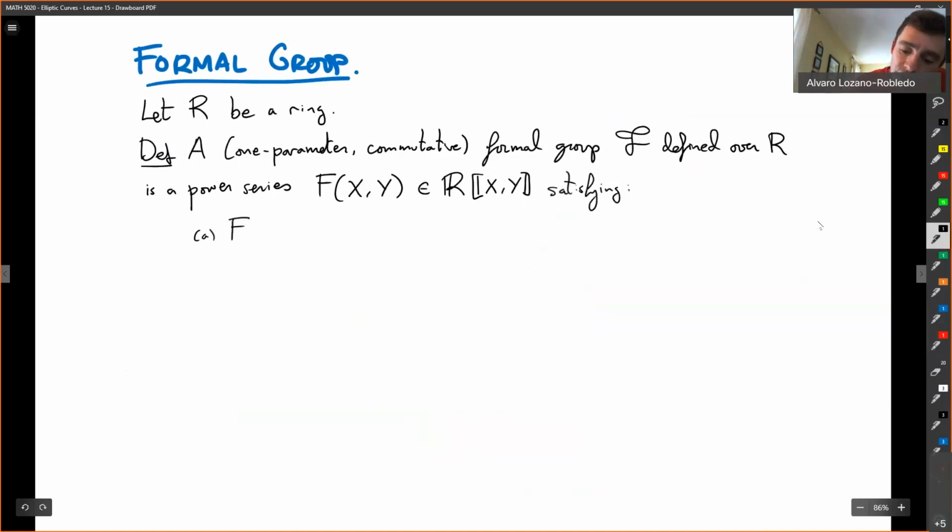First, the power series starts like X plus Y plus terms of degree at least 2.